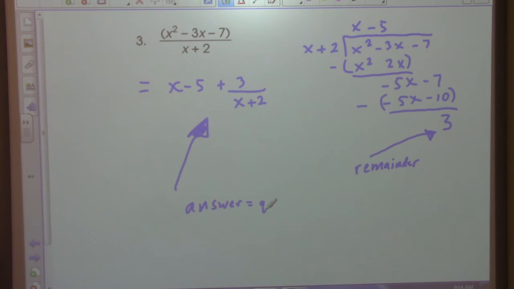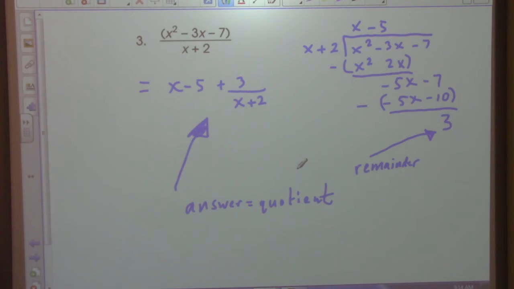It's a little hard to do, but you can actually multiply this quotient by the divisor and get the original up here. That can be done.